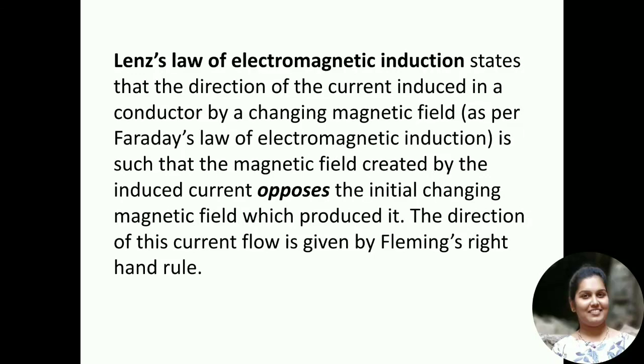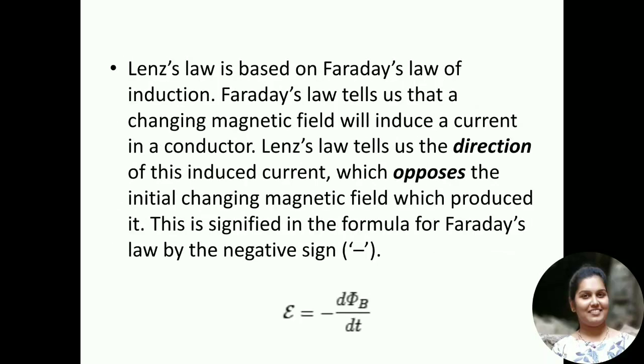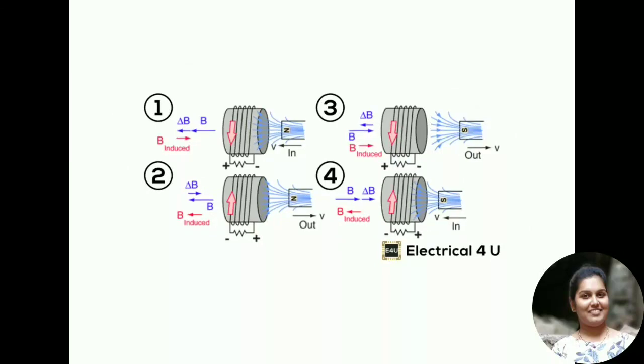Remember that when a current is induced by a magnetic field, the induced current will create its own magnetic field. This magnetic field will always be such that it opposes the magnetic field that originally created it.